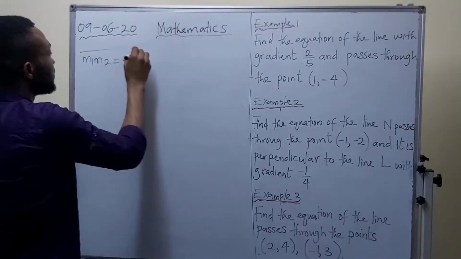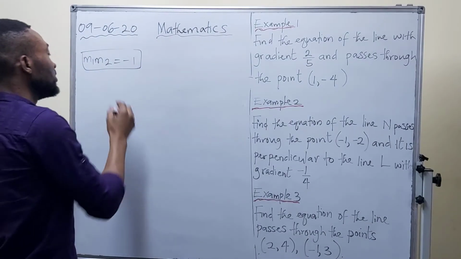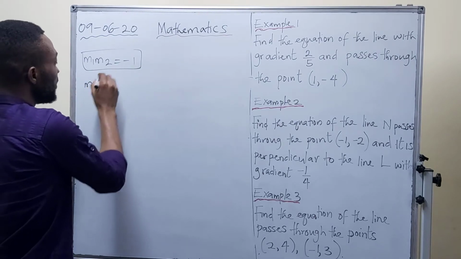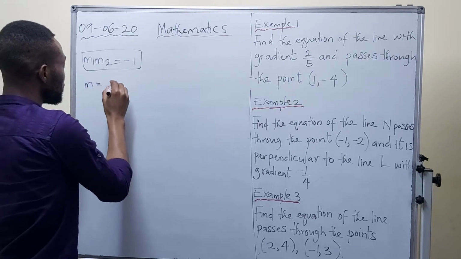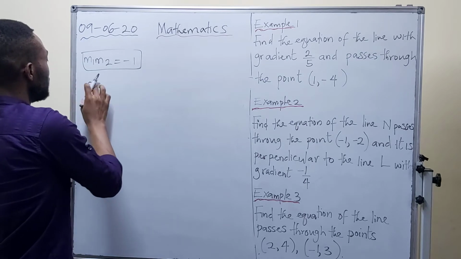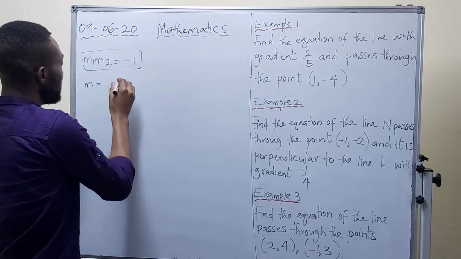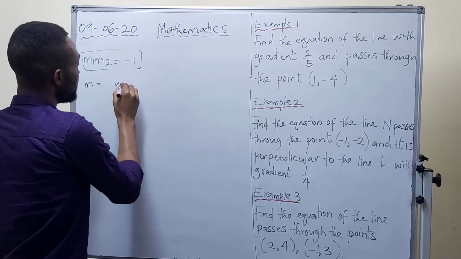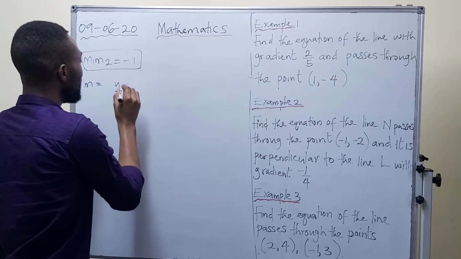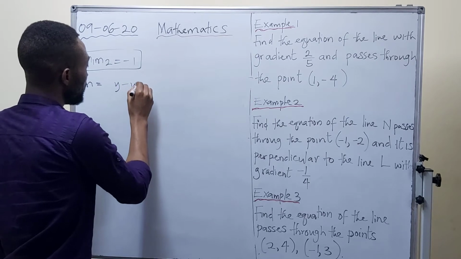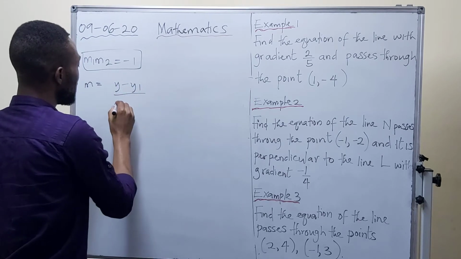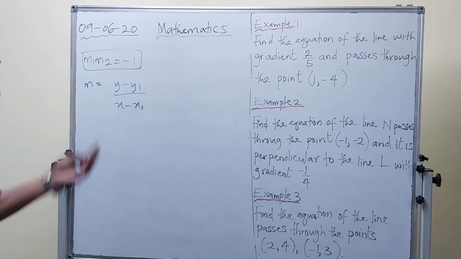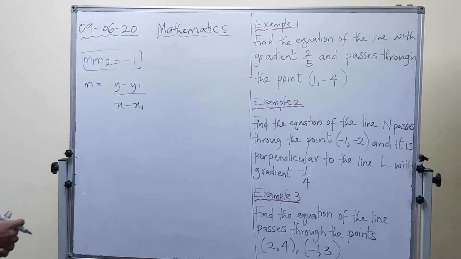The second one you have to bear in mind is m is equal to y minus y1 over x minus x1. That is another formula you have to bear in mind.